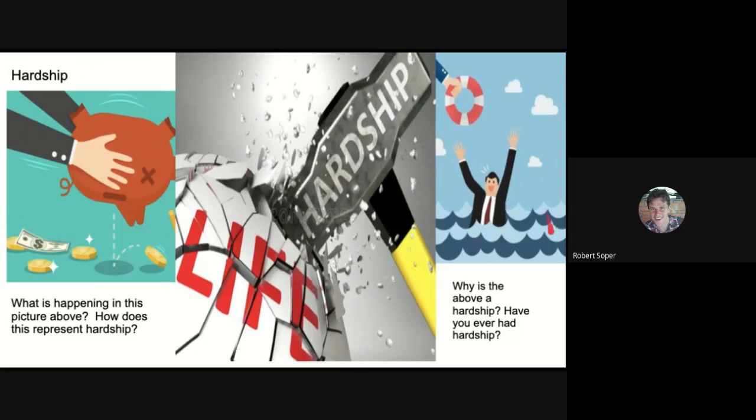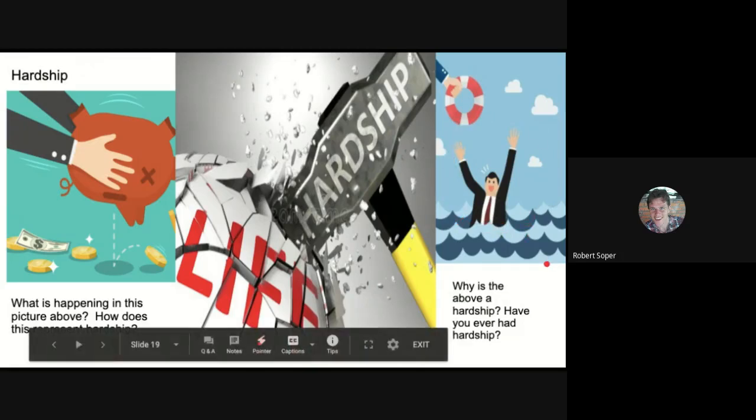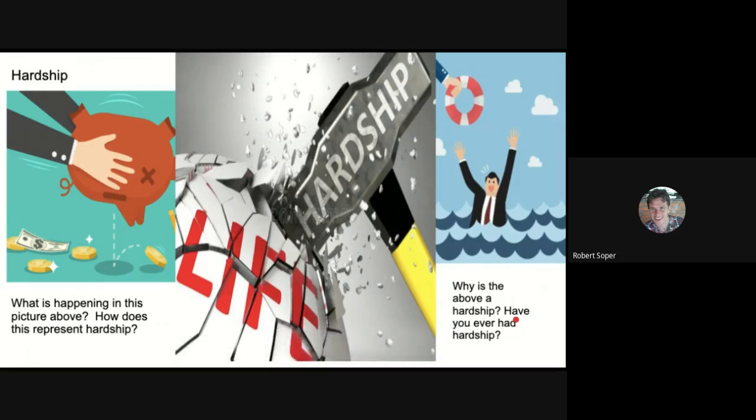So he looks like, in other words, like he'd be drowning if this man didn't save him. So if you are drowning, it is a hardship. It's a difficulty. So this is an example of a hardship. So before you move on, think about this question. Have you ever had a hardship? Or have you ever had hardship?